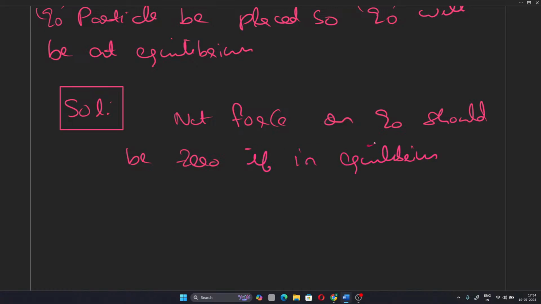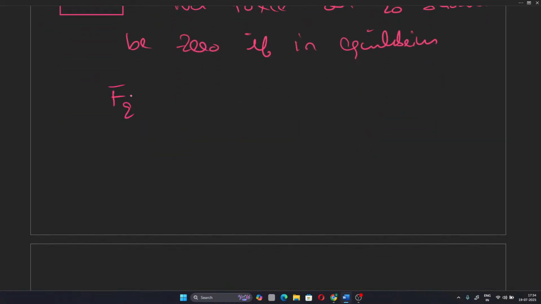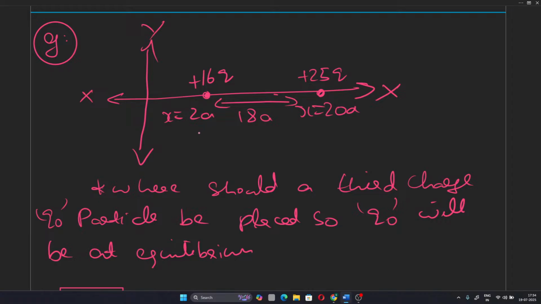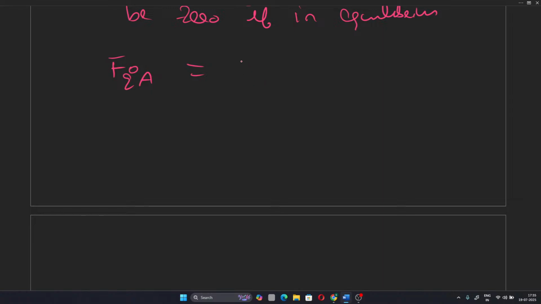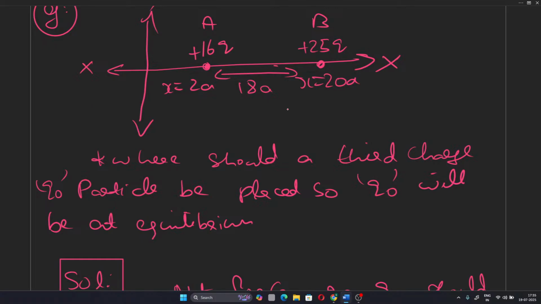So, let's name the charges A and B. The force on q naught due to A is equal to k q naught times 16q by x, assuming it should be placed somewhere here where the distance is x and the remaining distance is 18a minus x.